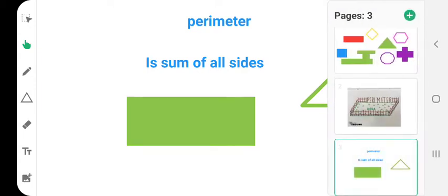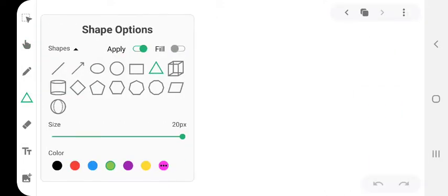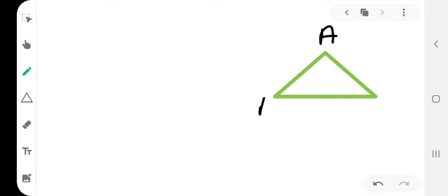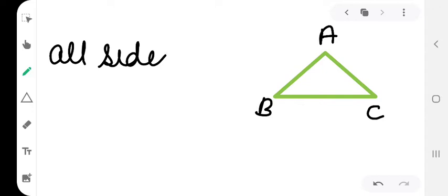Now let us think about different shapes and their perimeters. First of all, take this figure. This is a triangle, and let us say it is an equilateral triangle, its name is, let's say, ABC. You already know that in equilateral triangle, all the sides are same.